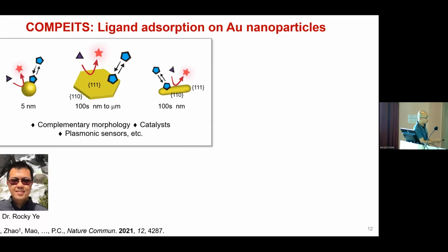So my current postdoc, Rocky, decided to implement COMPEITS to study absorption of ligands on gold nanoparticles, including pseudospherical gold particles about 5 nanometer in diameter, or gold nanoplates with well-defined facets, or gold nanorods that have a different morphology, again, with well-defined facets.